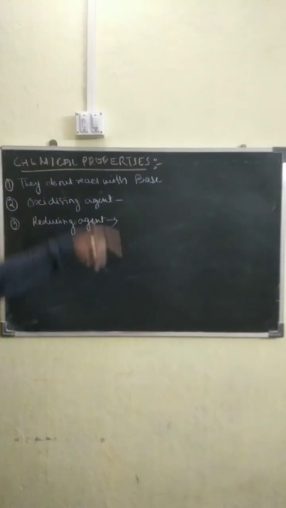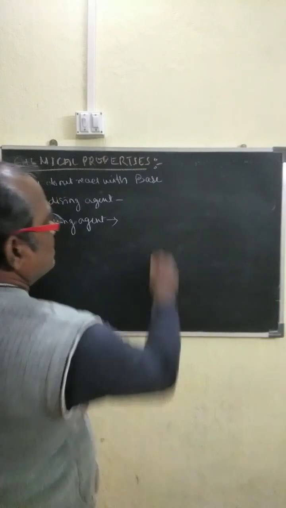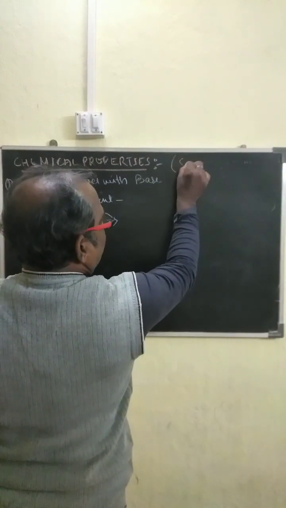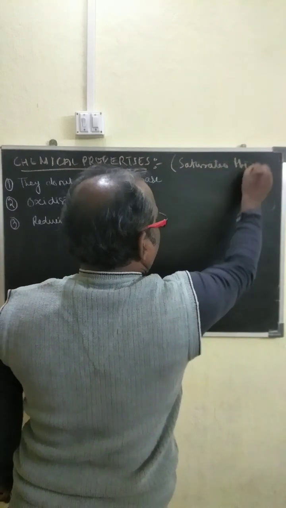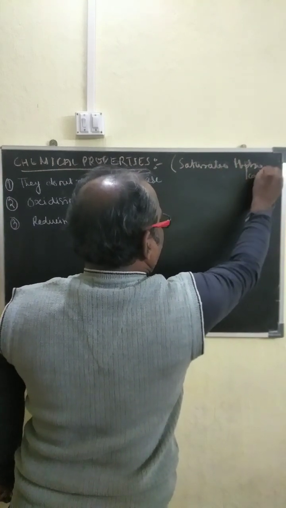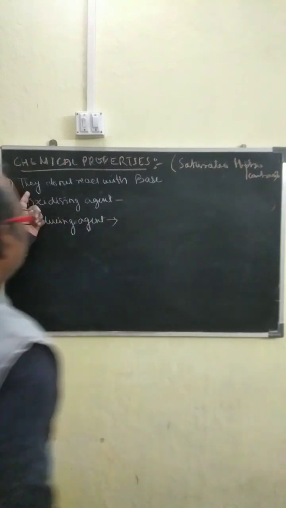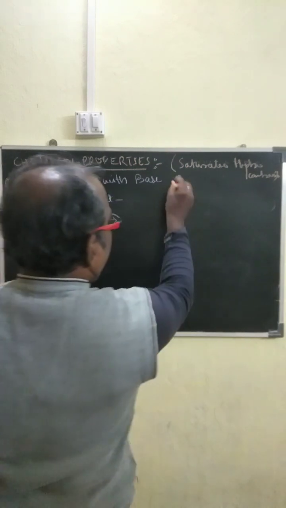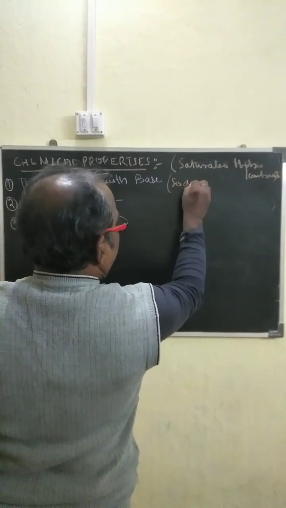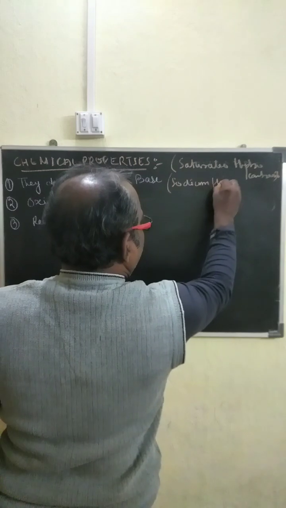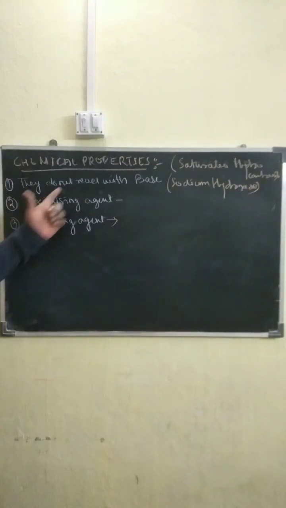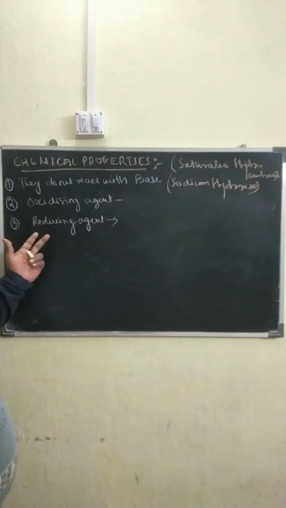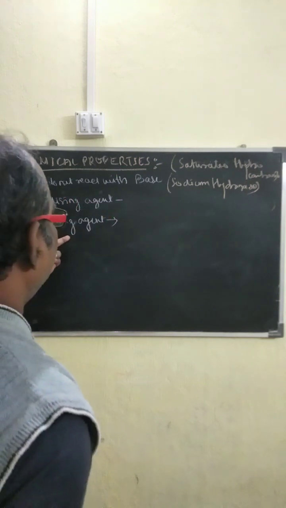Let's go with the chemical properties of methane and ethane. Since methane and ethane are saturated hydrocarbons, they do not react with bases like sodium hydroxide. They do not react with oxidizing agents as well, and also they do not react with reducing agents.